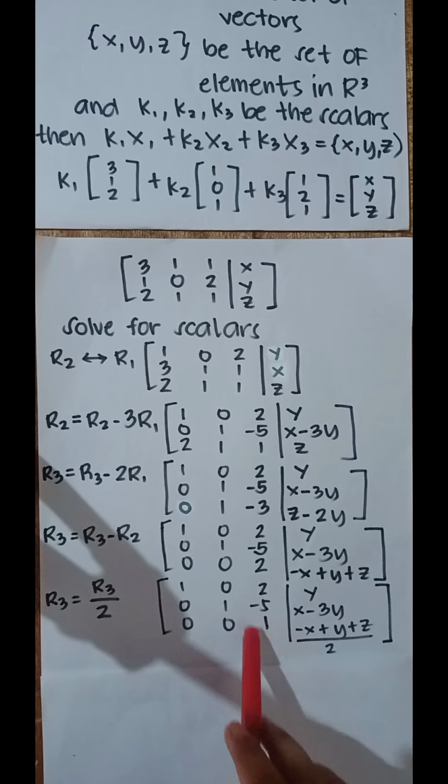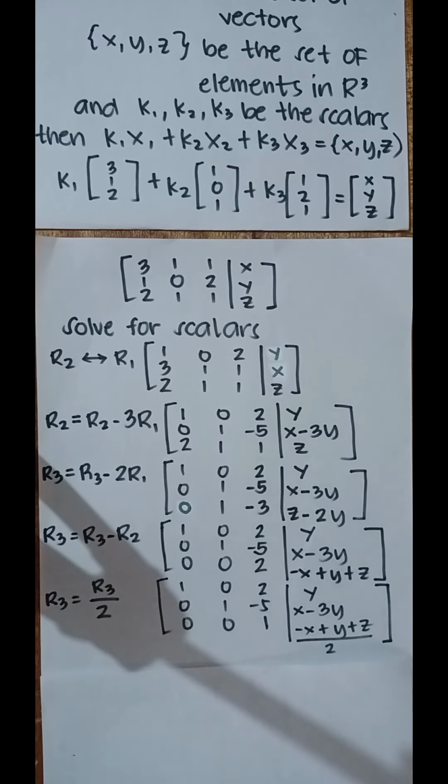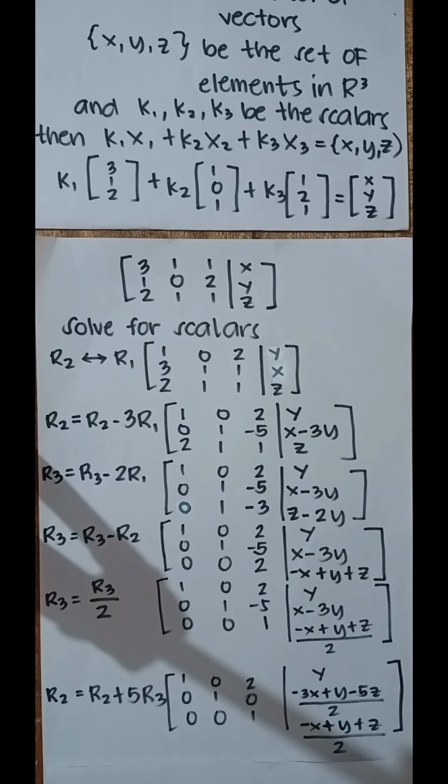Since our pivot is already 1, we proceed to the other numbers in this column to make them 0, specifically the 2 and the negative 5. To make negative 5 become 0, we add R2 and 5R3. So negative 5 plus 5 times 1, simply negative 5 plus 5 is equal to 0.